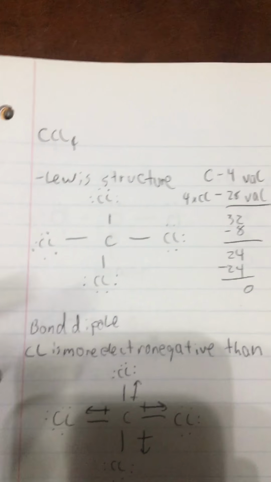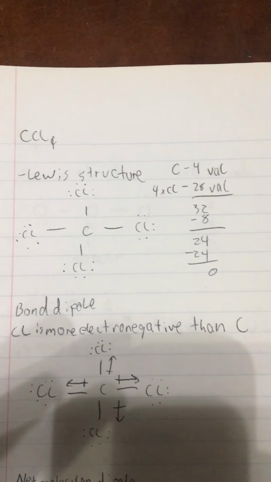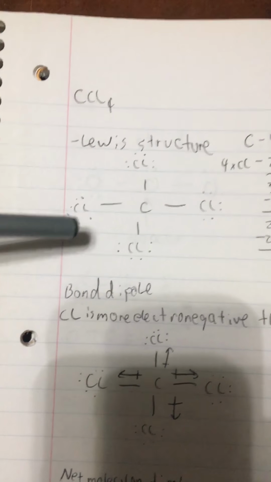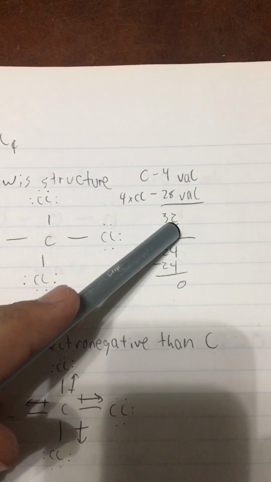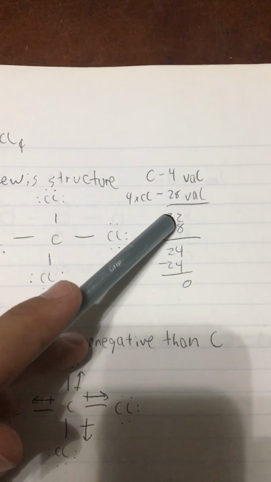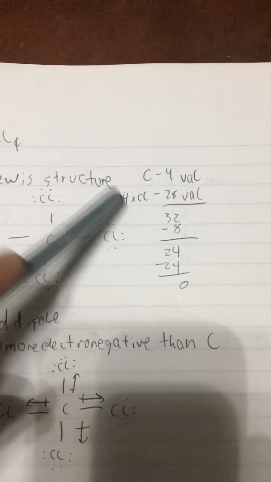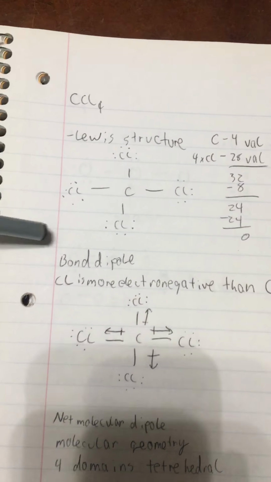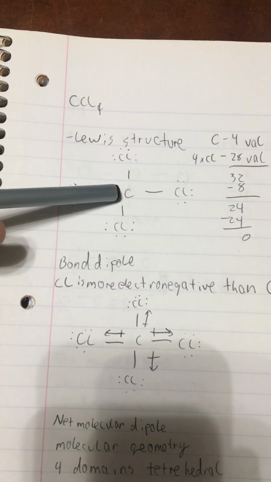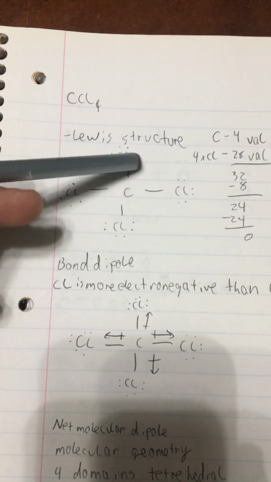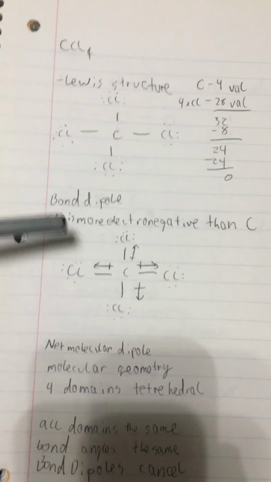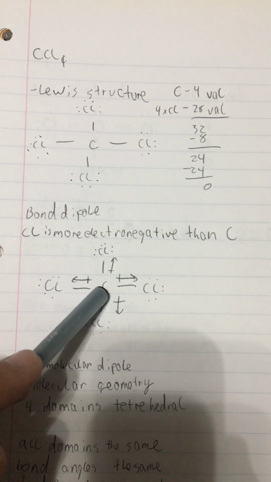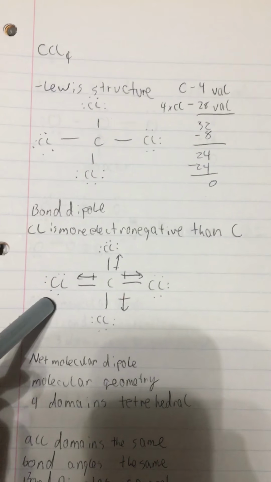The fourth molecule we're given is CCl4. I've already drawn the Lewis structure here with the 32 valence electrons, being 4 from C and 28 from the 4 Cls. We know that C is the least electronegative out of all these since it's in the middle, so all the bond dipoles are going to point outwards from the C to the Cl.